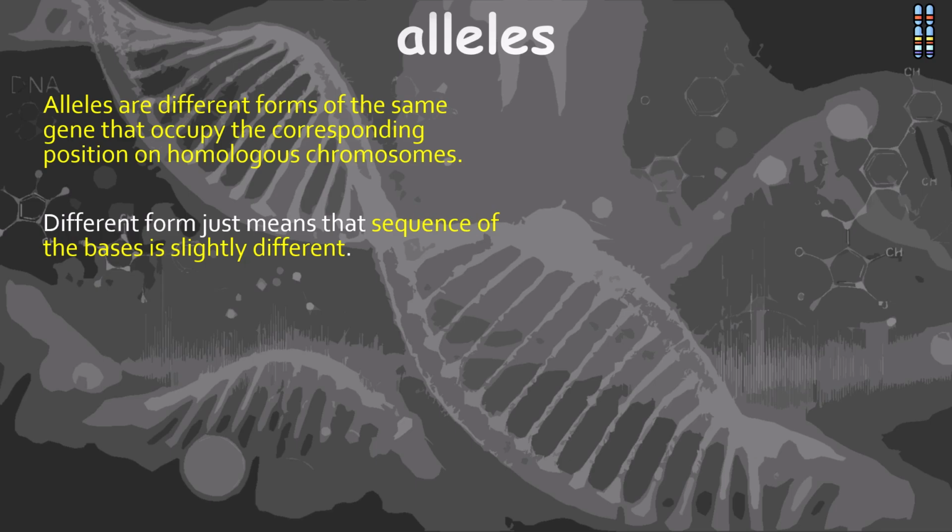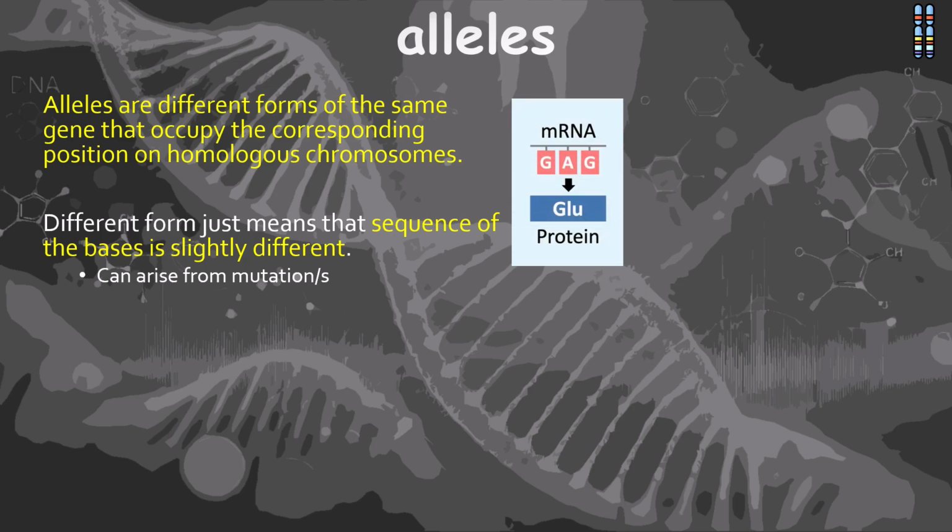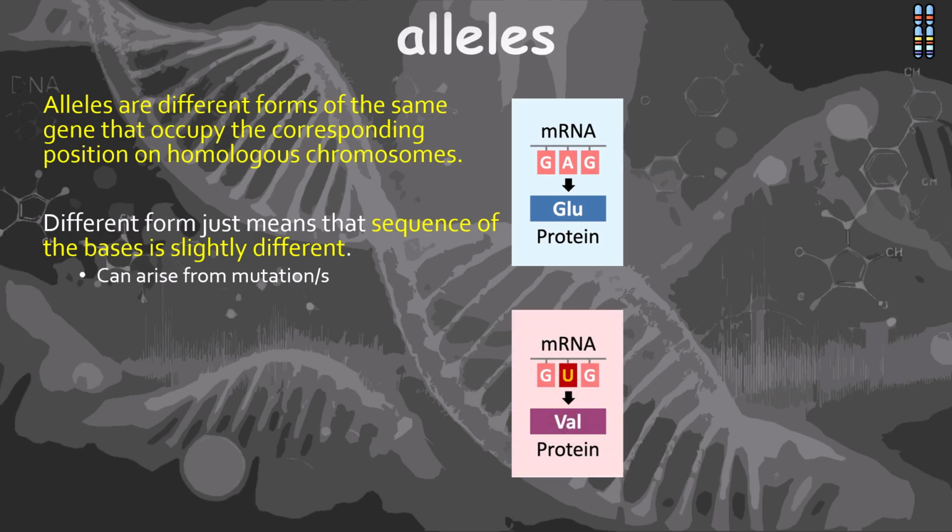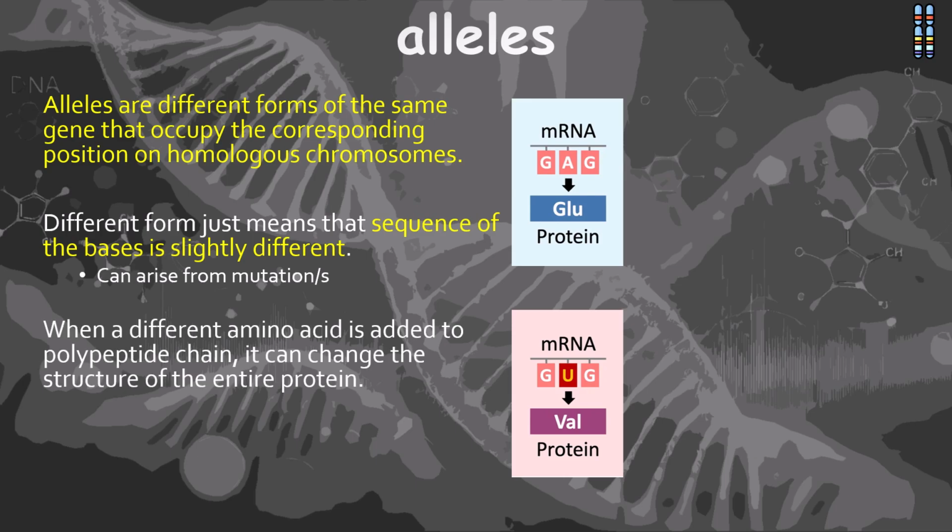This difference can arise due to DNA mutations, which affect the mRNA and the resulting protein. For example, an mRNA sequence transcribed from DNA may normally code for the amino acid glutamic acid, but if a mutation occurs in the DNA, the resulting mRNA may instead code for the amino acid valine. This change alters the structure of the protein.